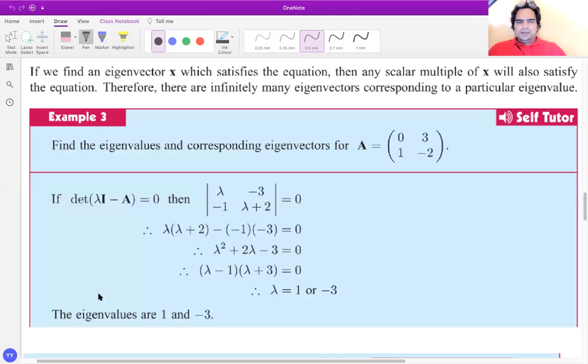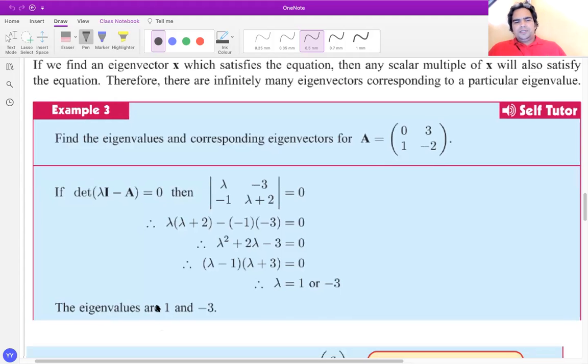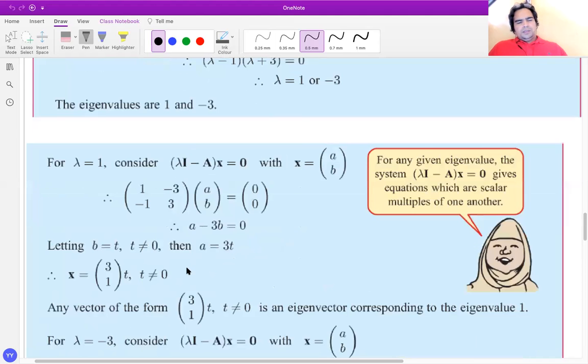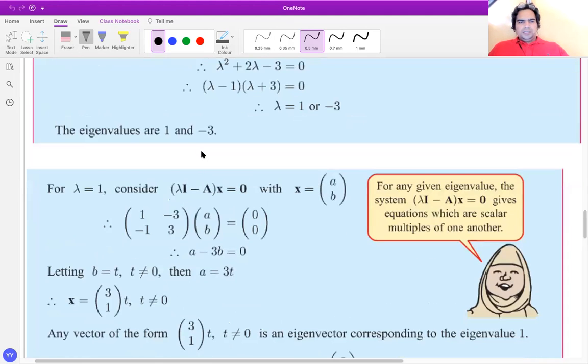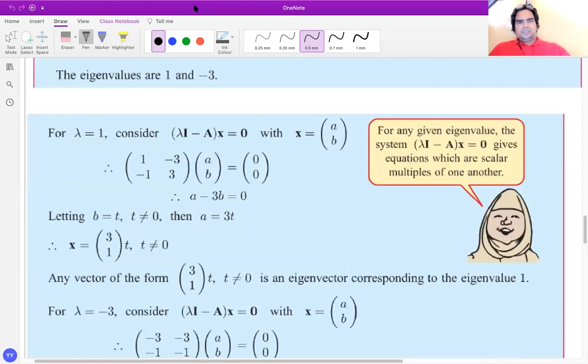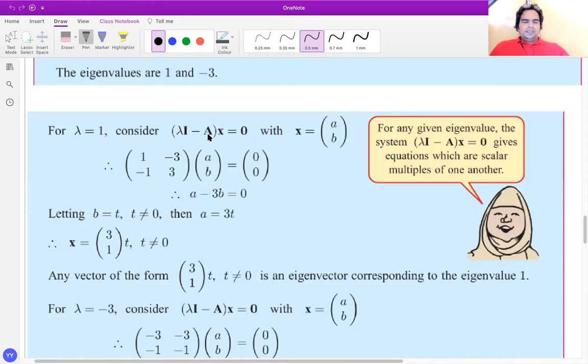When you're finding the eigenvectors, after you get the eigenvalues, we substitute them one by one in our equation. My equation was (lambda I minus A) times x equals 0.